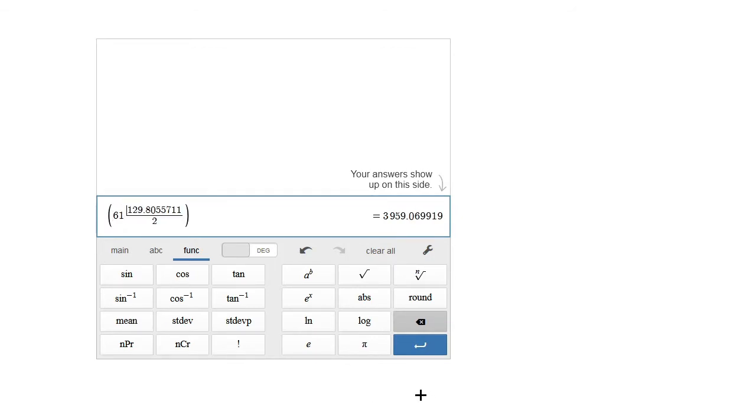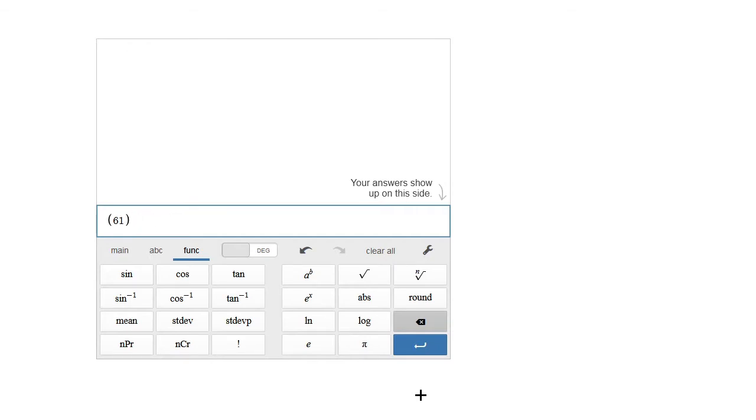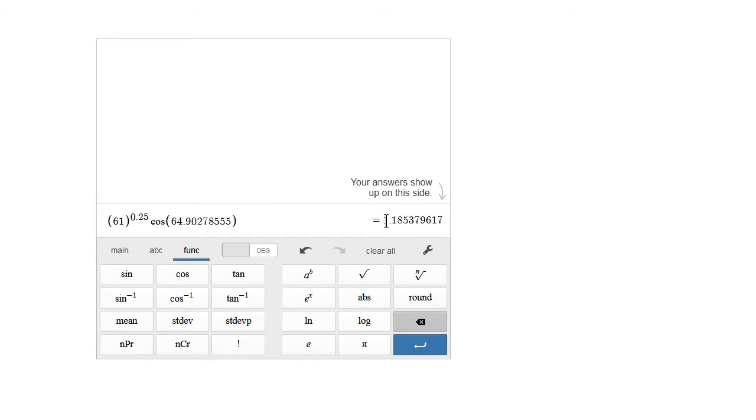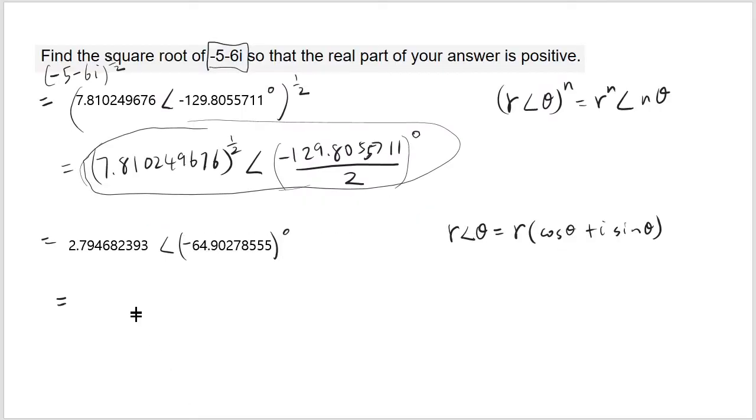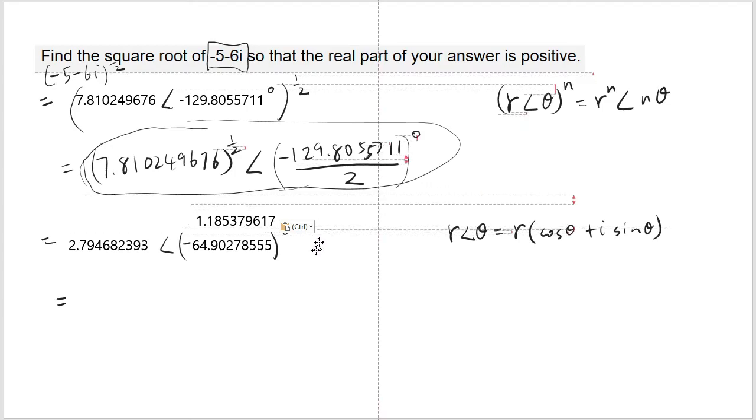I'm going to take 61 to the power of 0.25, because that's the 1/4 power, okay? Times cosine of the angle I just had, and that's the value for the x.